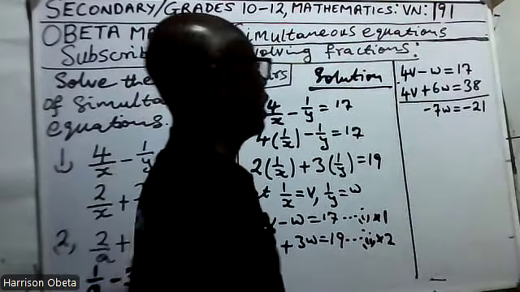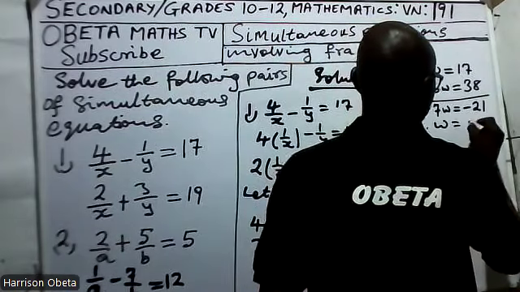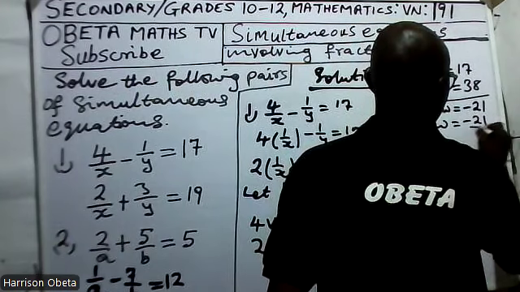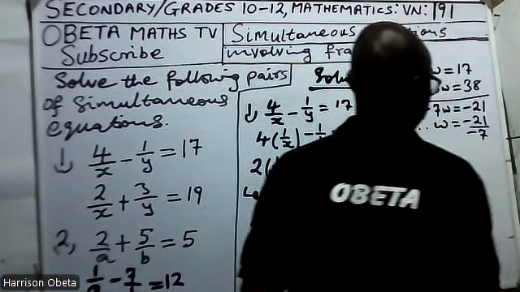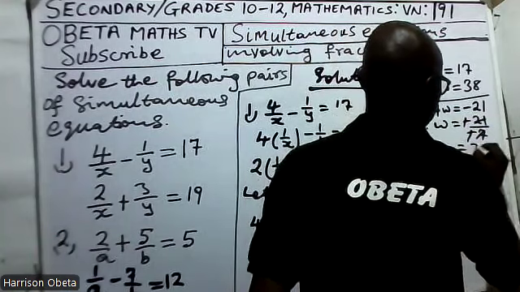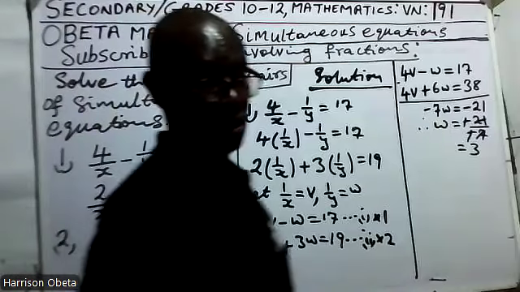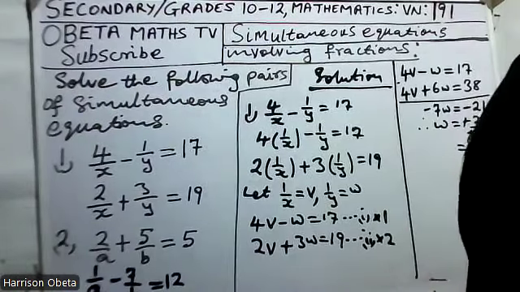That is minus 21. Therefore, w should be equal to minus 21 all over minus 7. We divide, and that means w is 3. So we have gotten our answer, w to be 3.